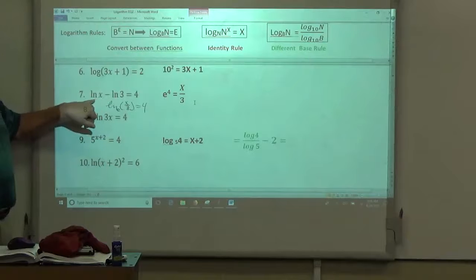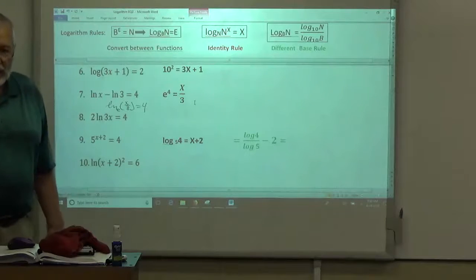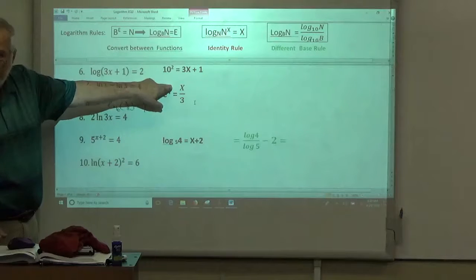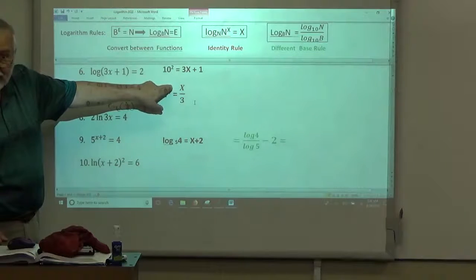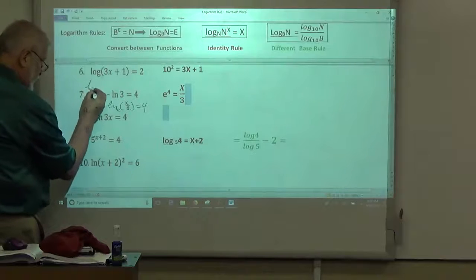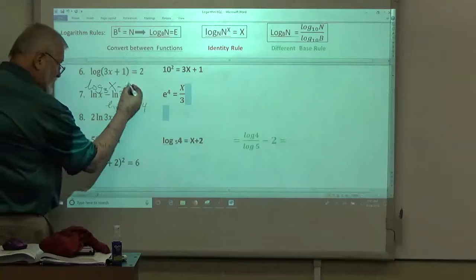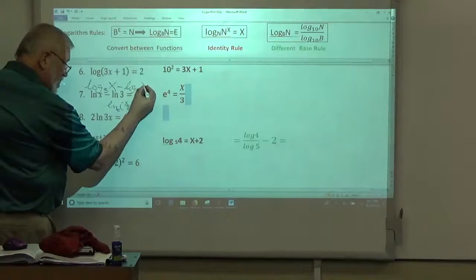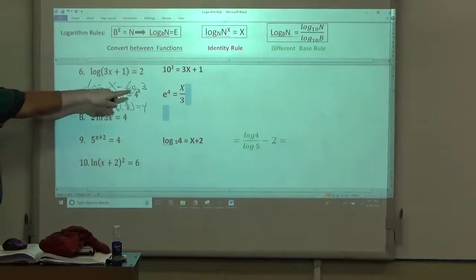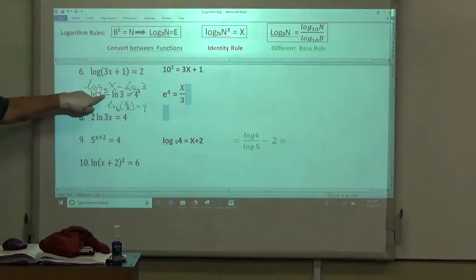Had this not been ln base e, if it would have been log base 5, then this would have been 5 to the 4th power instead of e. Right? So if I would have had this, log base 3 of x minus log base 3 of 3. There are several ways to go at this, but if we follow the same thing, this is x divided by 3, but the base is here.